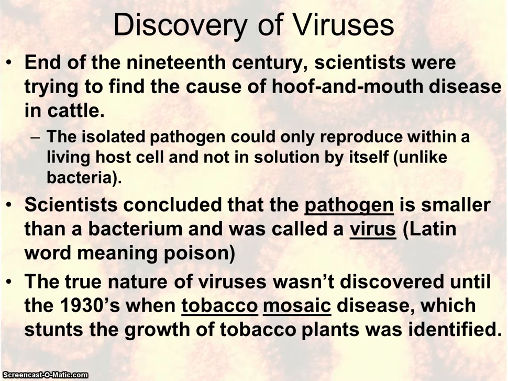It was through the tobacco mosaic disease. There's a virus that attacks tobacco plants, stunts their growth, and causes decay to happen more quickly. You're not getting the full production of the plant when this virus is attacking it.